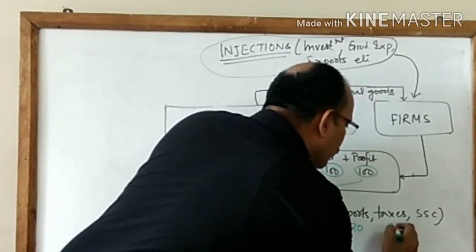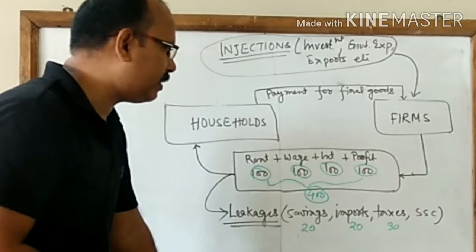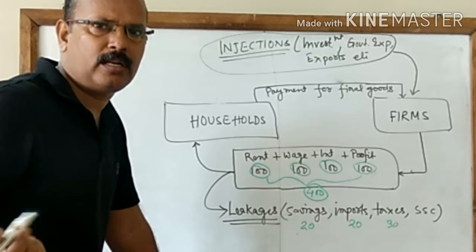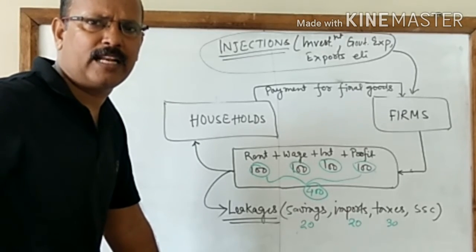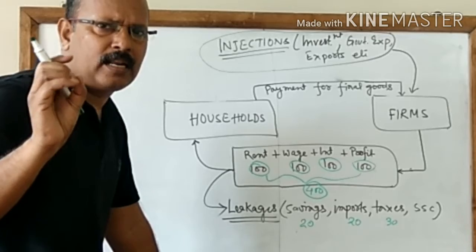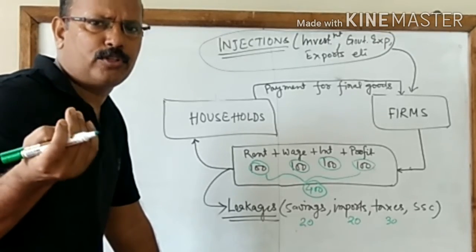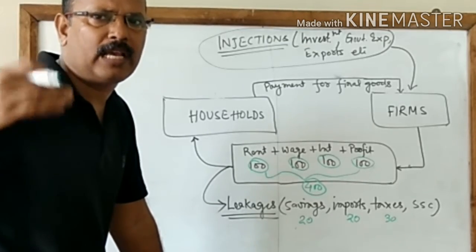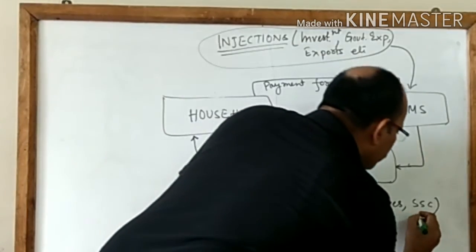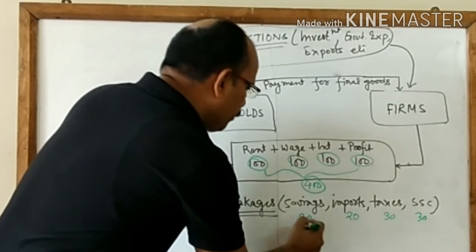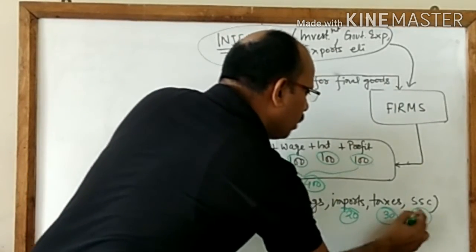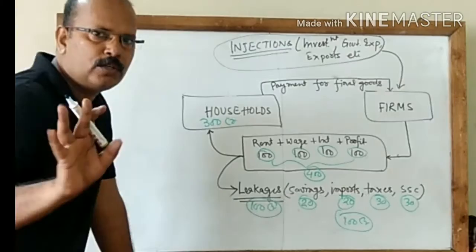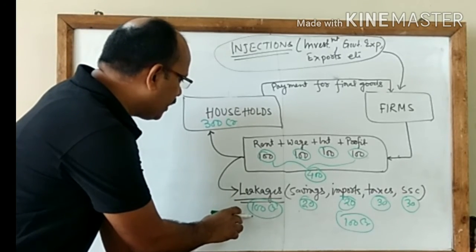Say, for example, 30 crore is the tax payment. Another 30 crore, suppose, is social security contribution, maybe our provident fund contribution or life insurance or other insurance payments. So all these are compulsory or voluntary contributions, but this money is going out of our pocket. So in these terms, 20, 20, 30 and 30, another 100 crore rupees is going out of our pocket. So here the leakage is 100 crore rupees.